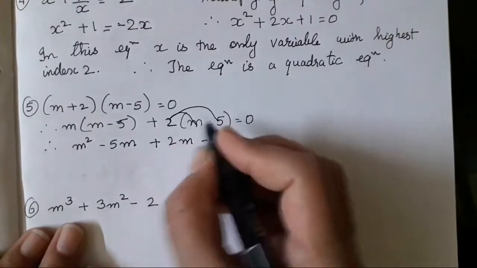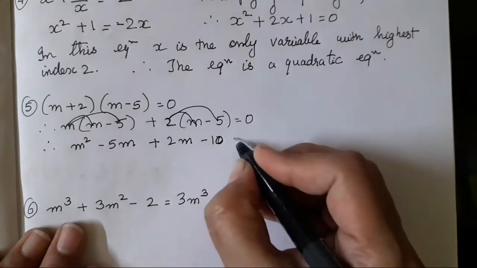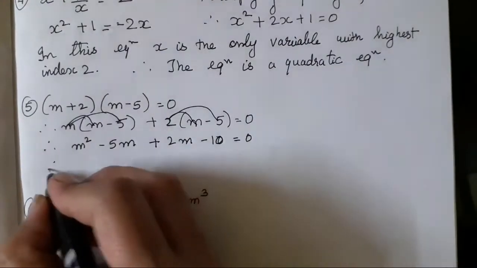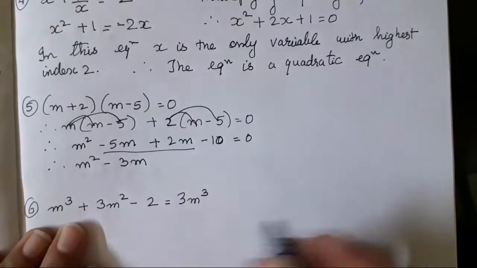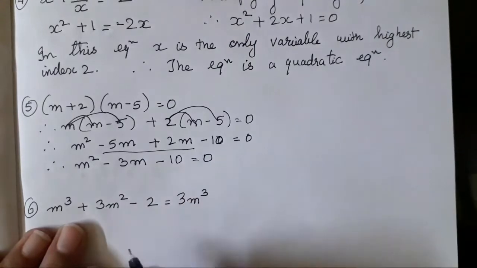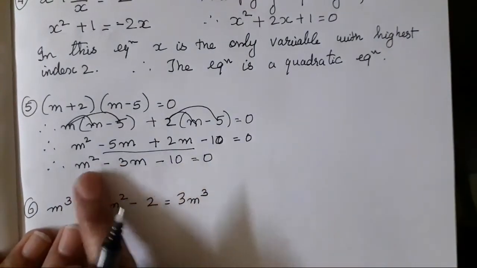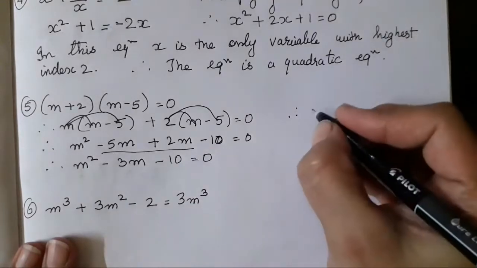You all have to multiply in this pattern, children. Okay, plus 10 is equal to 0. Therefore, m square minus 3m minus 10 is equal to 0. M is the only variable, and the highest degree is 2. Therefore, it's a quadratic equation.